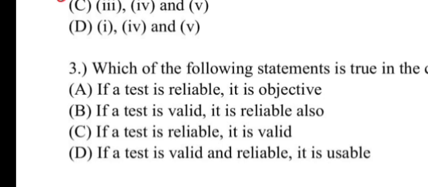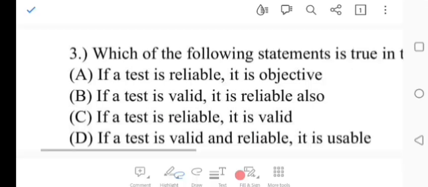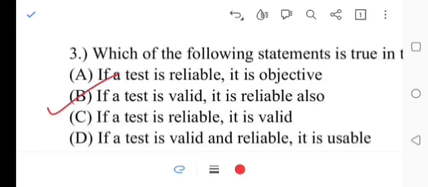ABCD as usual. A says if a test is reliable, it is objective. B says if a test is valid, it is reliable also. C says if a test is reliable, it is valid. D says if a test is valid and reliable, it is usable. What do you think? It will be if a test is valid, it is reliable also. 3B.